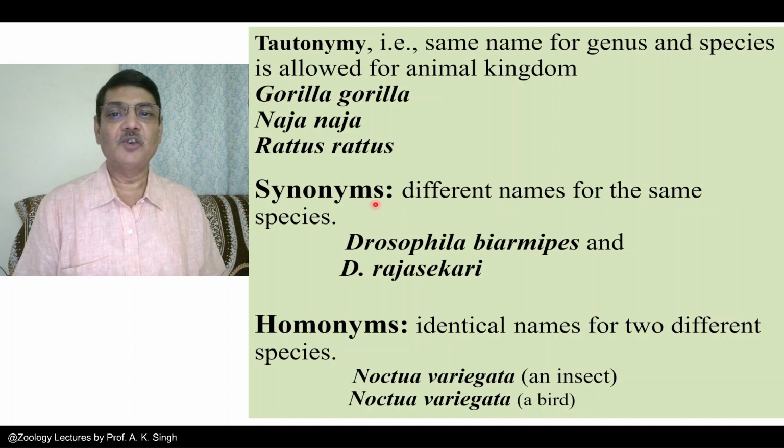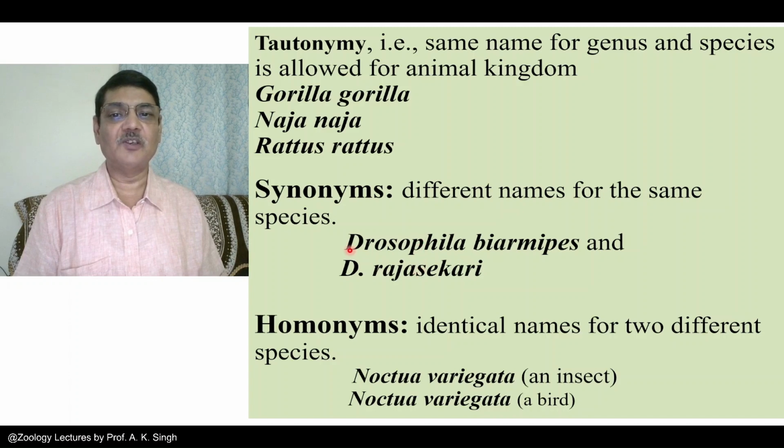There is a term synonyms. Synonyms means different names for the same species, like Drosophila byrampis and Drosophila rajashekari. These are two names for a single species.